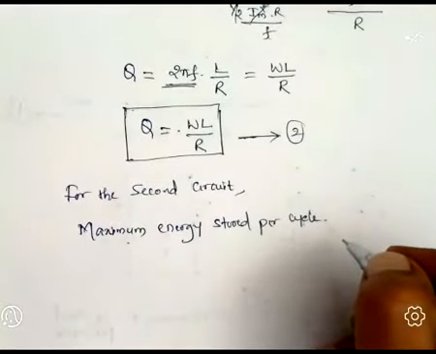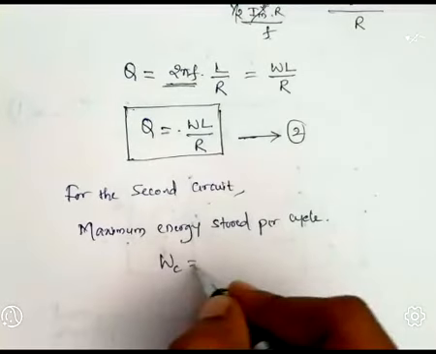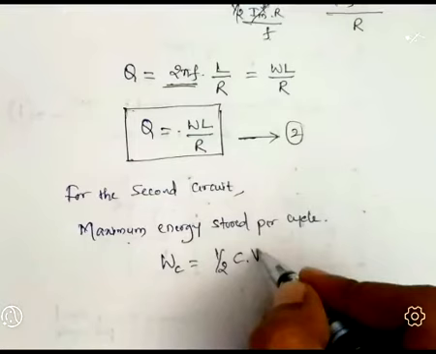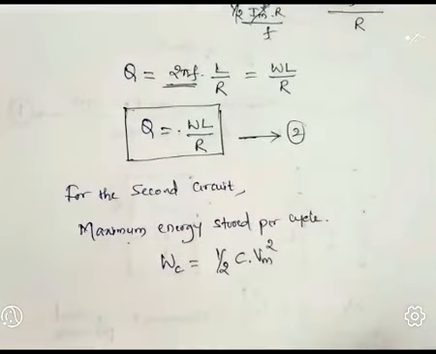That is Wc equal to 1 by 2 C into Vm square.